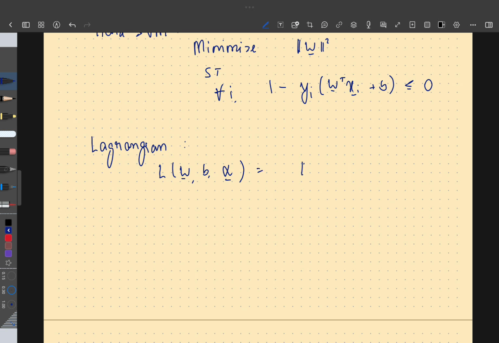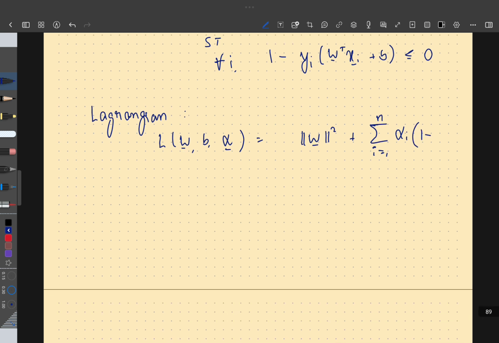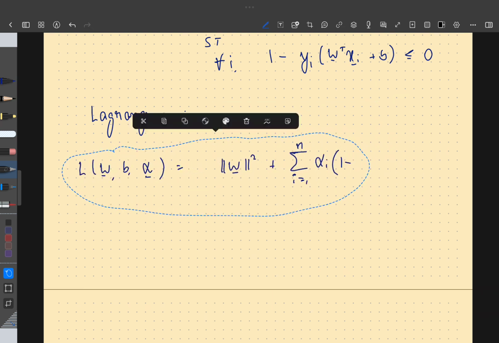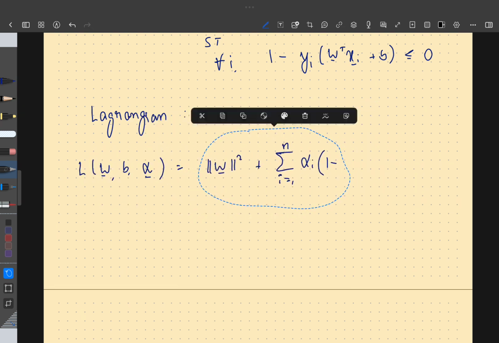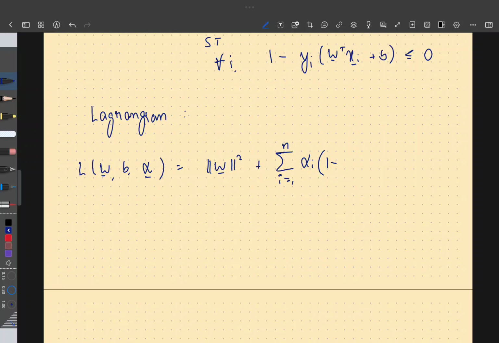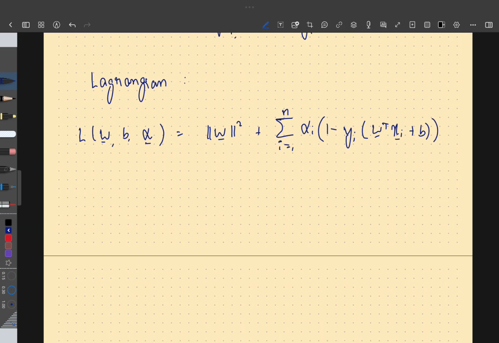So the Lagrangian is equal to norm w square plus summation i equal to 1 to n alpha i times (1 minus yi times (w transpose xi plus b)).